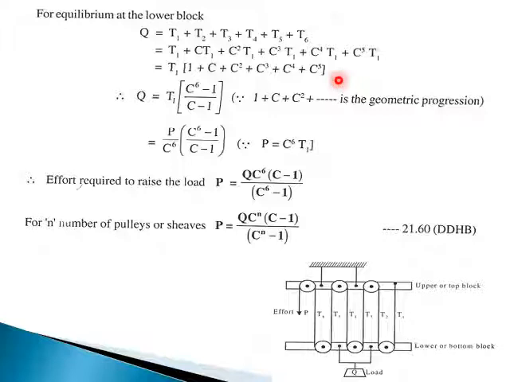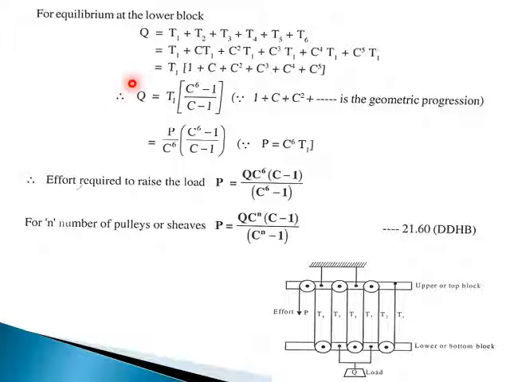So you can write the summation of this geometric progression in terms of the equilibrium: Q is equal to T1 into C to the power 6 minus 1 divided by C minus 1.